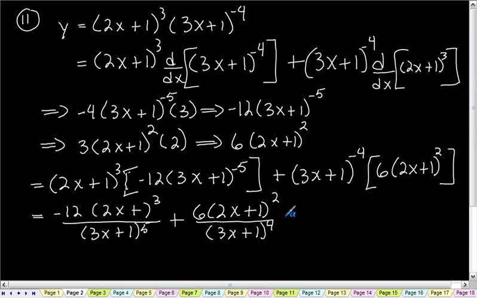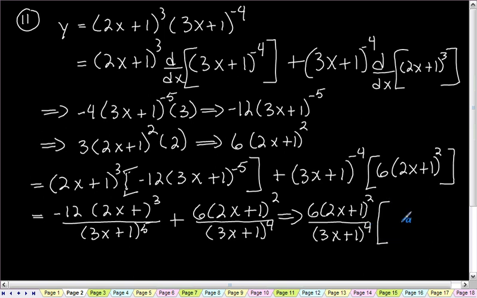If I take out a 6 from the top, and from the top I take out (2x plus 1) to the second power out of both of these, and from the bottom, I take out (3x plus 1) to the fourth power.